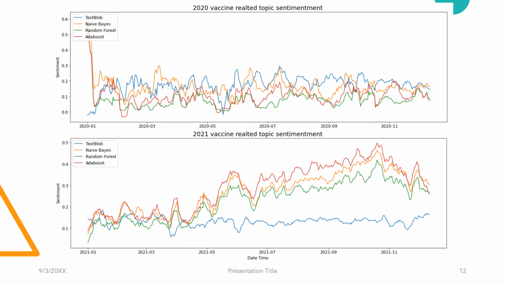However, on the 2021 graph, we could clearly see an uptrend happening during the second half of 2021. This uptrend is captured by 3 of the machine learning algorithms except the textbook. That might imply that opinion toward vaccines and COVID-19 became better in the second half of 2021.